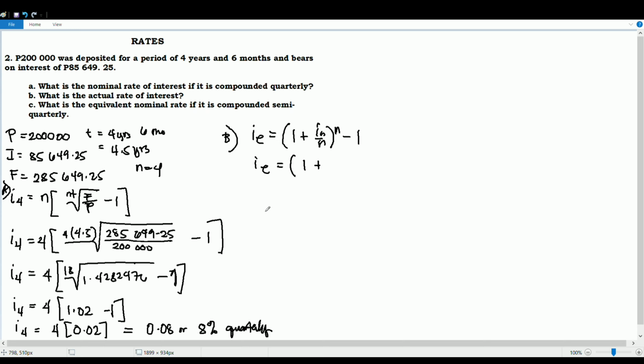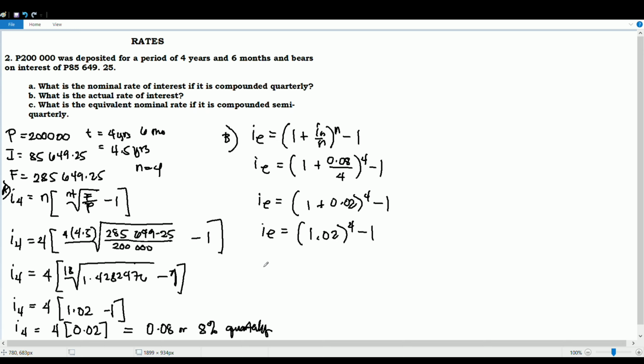We have 1 plus the computed nominal rate, 0.08 or 8%, over 4, that's quarterly, raised to 4, minus 1. So we have I subscript E is equal to 1 plus 0.08 divided by 4, which is 0.02, raised to 4, minus 1. Adding the numbers inside the quantity, we have 1.02 raised to 4, minus 1.